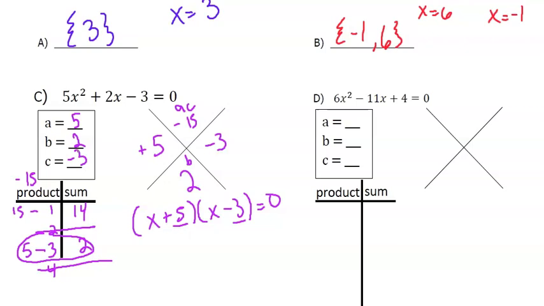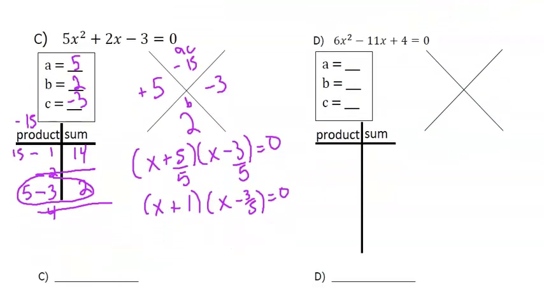Remember, we also want to divide by A. Since A is not 1 here, we have to show that. Simplify the fractions as much as possible. So we have x plus 1 times x minus 3/5 equals 0. Now, if we're just asked to factor this, we can slide that 5 to the front and we'd be done. We don't have to do that for solving, though.